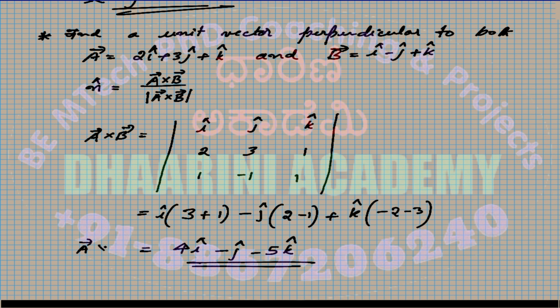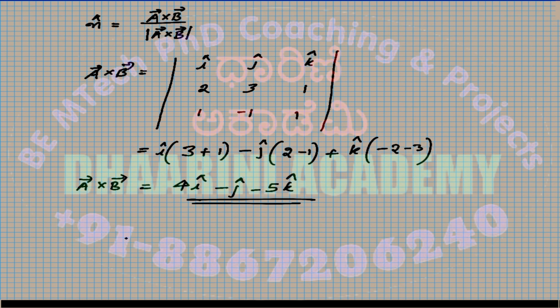But in order to find the unit vector, I need to find its magnitude. The magnitude of vector A cross vector B is the square root of each term squared: 4 squared is 16, minus 1 squared is 1, and minus 5 squared is 25. 25 plus 16 plus 1 is 42, so this is root 42.